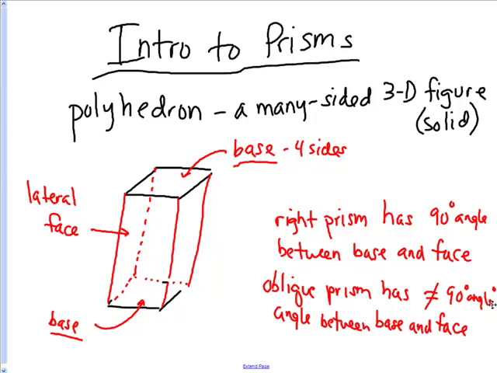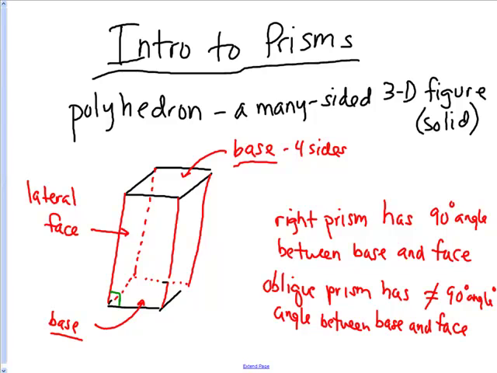We also name the prism according to the shape of its base, like I said before. So in this case, if this angle here is 90 degrees, I know it's drawn kind of crooked, but let's assume that angle is 90 degrees. In other words, this angle between the base and the lateral face. If it is 90 degrees, then we're going to call this a right rectangular prism.